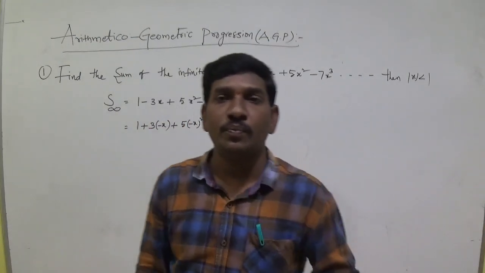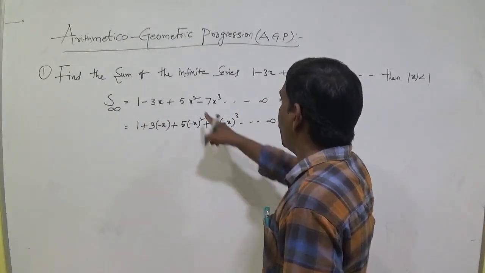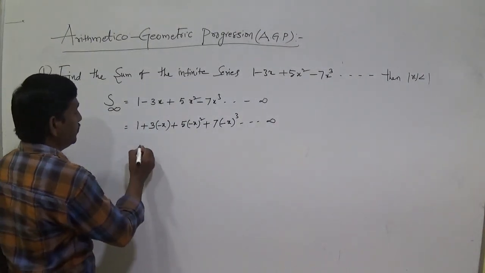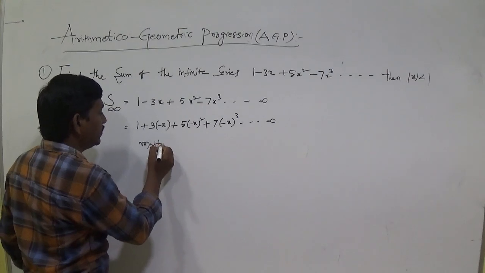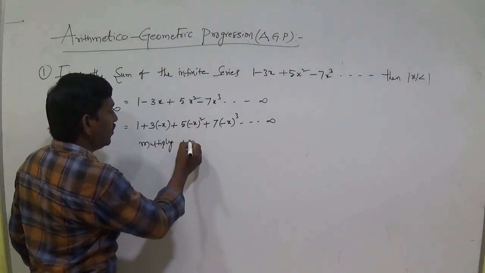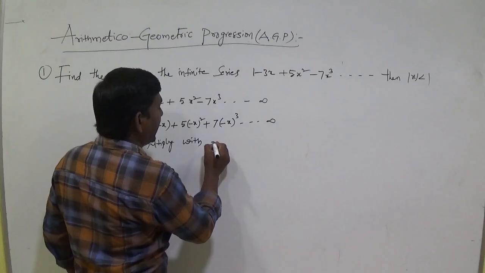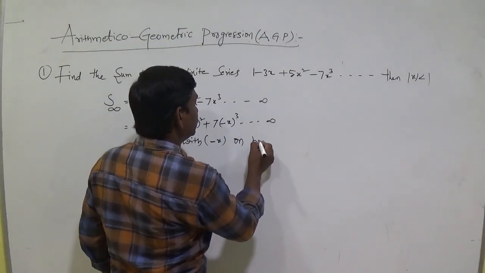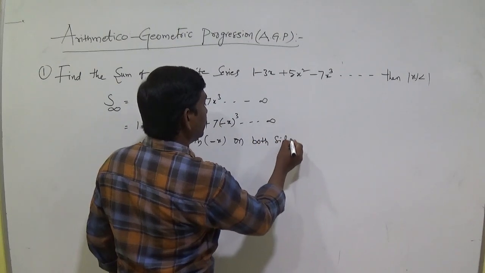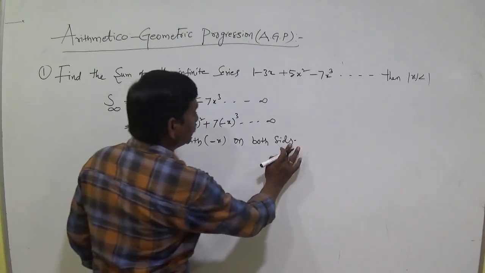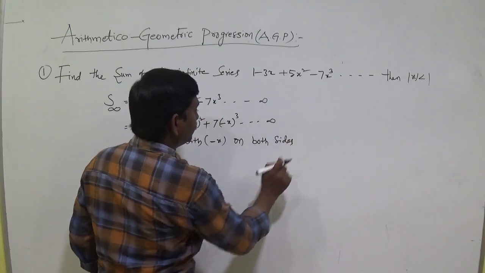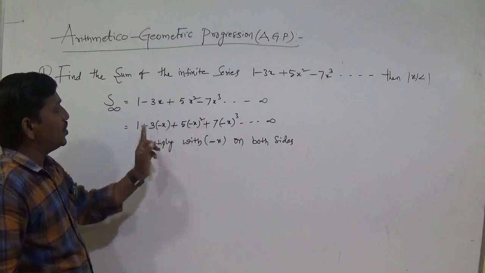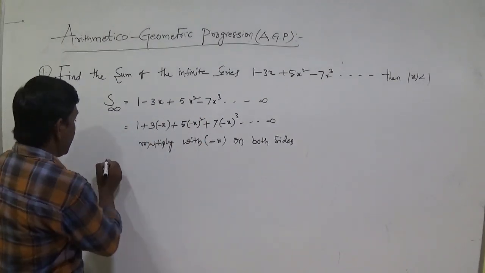Minus x whole cube means minus x cube. So multiply on both sides with minus x.